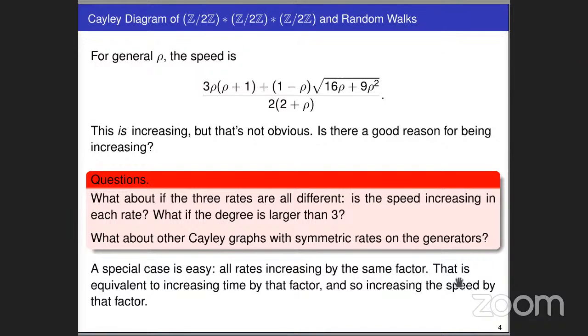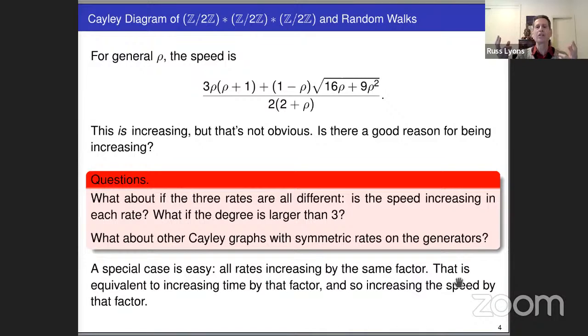So, I hear an echo. Yes, if you think of the free group on 2 generators, then there are only 2 possible rates. But that's the same as having 4 copies of Z mod 2, where we fix 2 of the rates to be the same and 2 of the other rates to be the same.